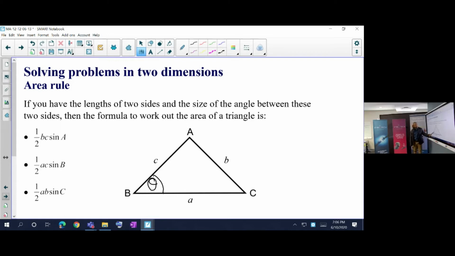So this angle is an included angle. It must be between the two sides that are in the formula. So that's why it has three variations.